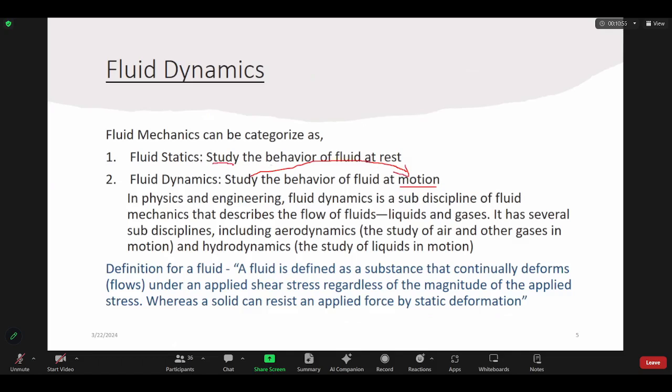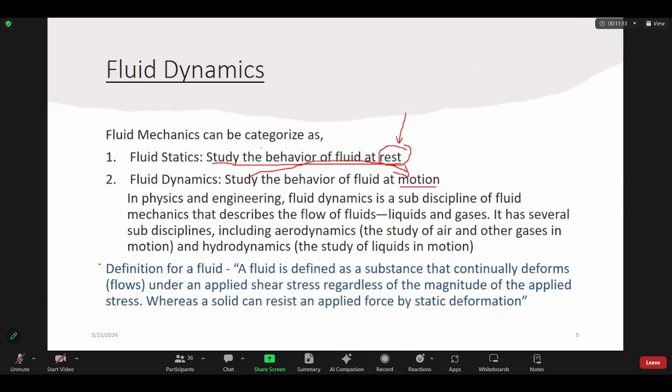In fluid dynamics we study the behavior of fluid in motion. In fluid statics, we will discuss the properties, density, behavior, and viscosities. Fluid dynamics is a very important thing for the engineering field and also physics.